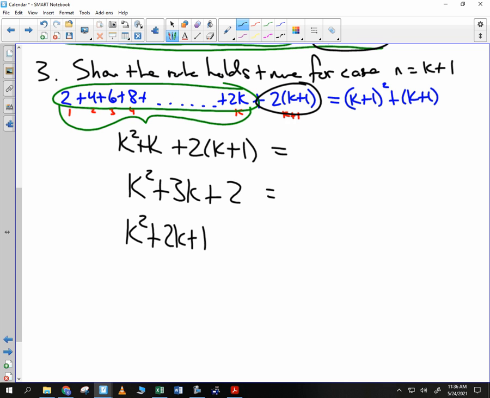Now, let's see here. I have 3 k's though, right? I have 3 k's, so you should have another k in there. And then 2 and 1, let's see, I should have another 1 in there, shouldn't I? So, does everybody see that all I did here was I just saw that 3k and I made it into 2k and 1k. And then I saw that 2 and I made it into 1 and 1.